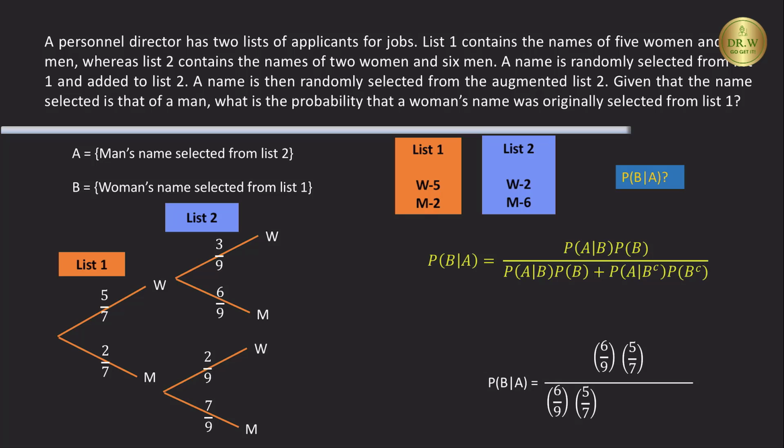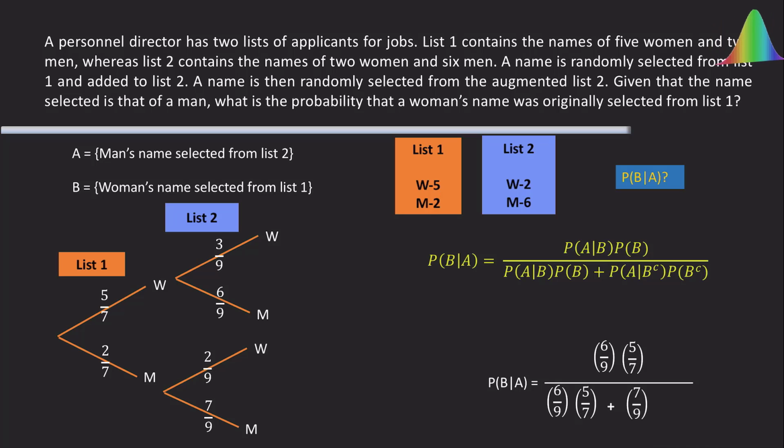Then probability of A given B complement means probability of man's name selected from list 2 given that man's name selected from list 1. It is 7 over 9. Therefore, the 7 over 9, then probability of B complement.